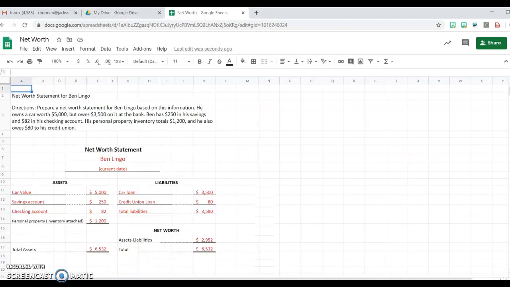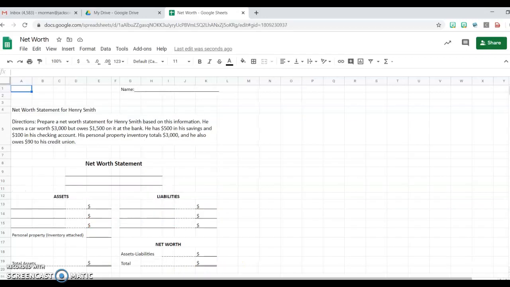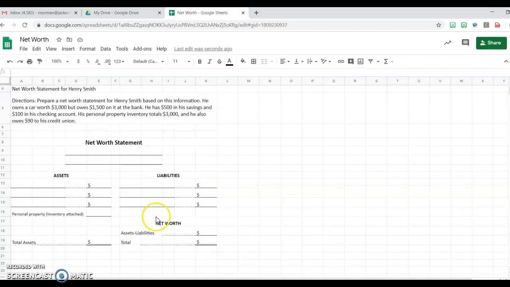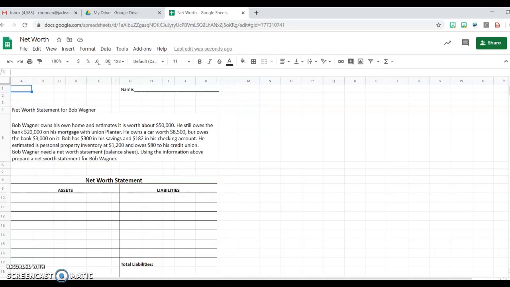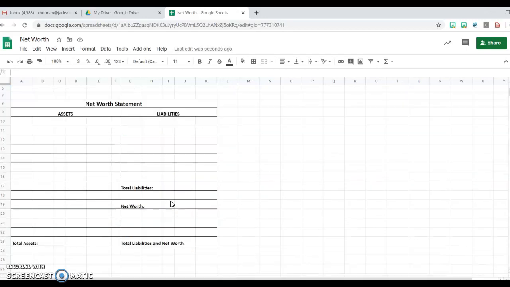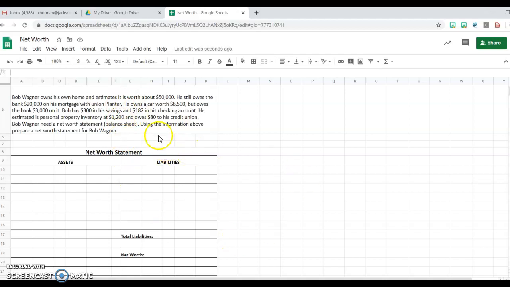If you notice at the bottom, I have another tab that says the answer key for Ben Lingo. What I would like you to do is to look at the one for Henry Smith. You can work through it, and when you work through it, you can check your answer under Henry Smith, answer. Then it gets a little bit harder and goes to Bob Wagner. Okay? Bob Wagner, go through each one of these.